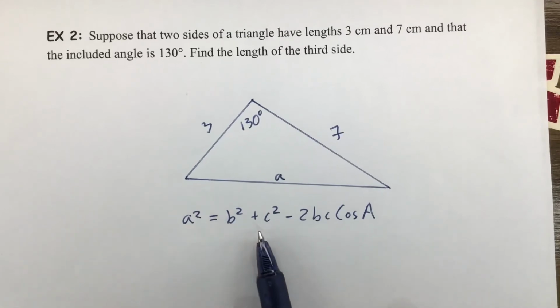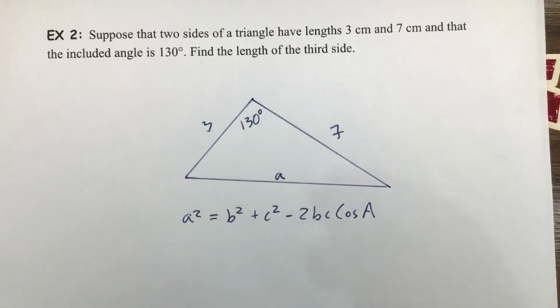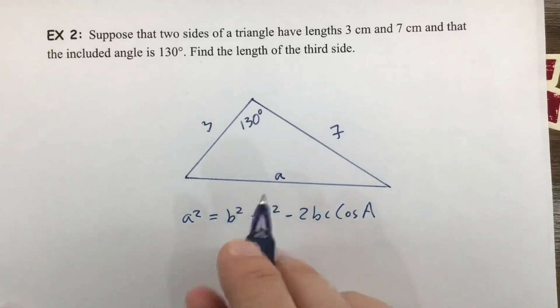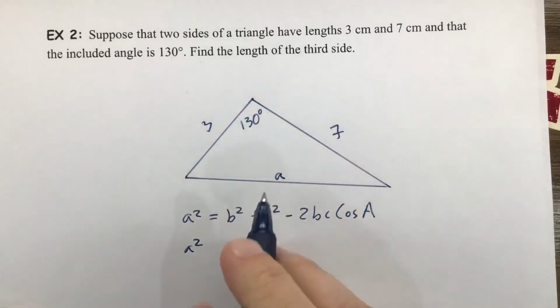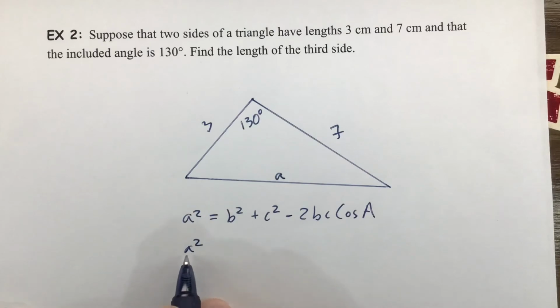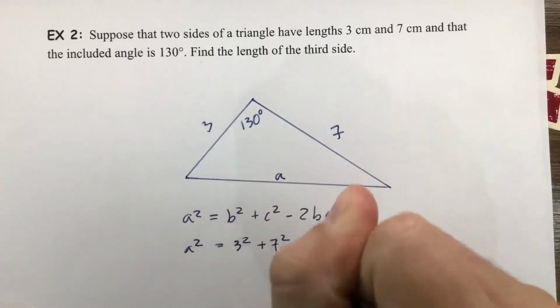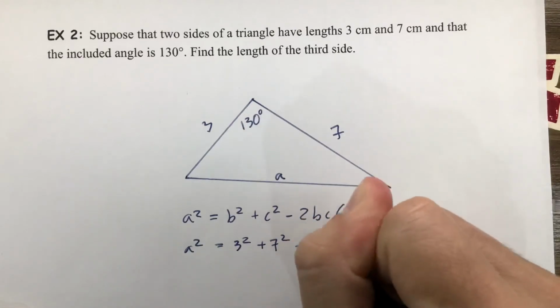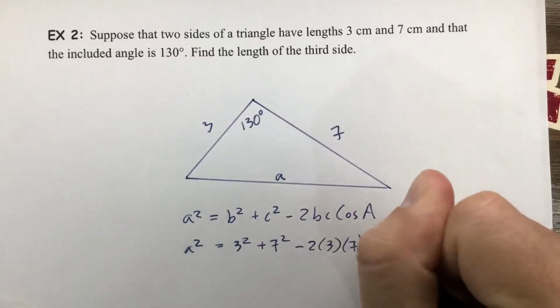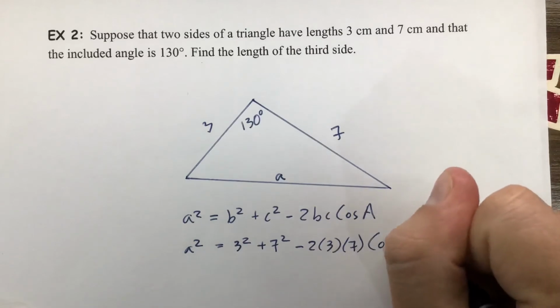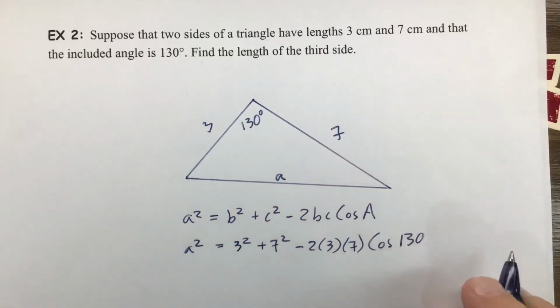And then the B and the C are the 3 and the 7, whichever one you want being B and C. We don't know A, so that's going to stay our variable, little a, as a squared. We then have 3 squared plus 7 squared minus 2 times 3 times 7 cosine 130.